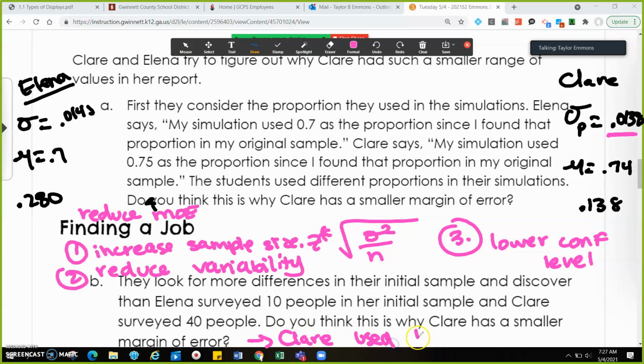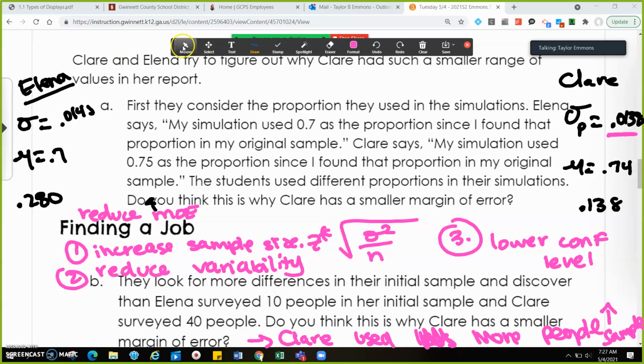Claire used more people in her sample, so she increased her sample size, which is going to reduce your margin of error, okay? Because if you're increasing your sample size, that means you know more about the population that you're trying to study, right? Okay, so it's going to center in on the true mean and the true values that you should have.